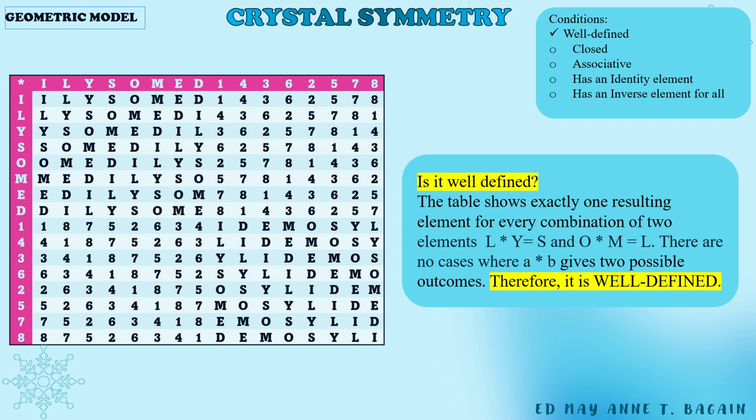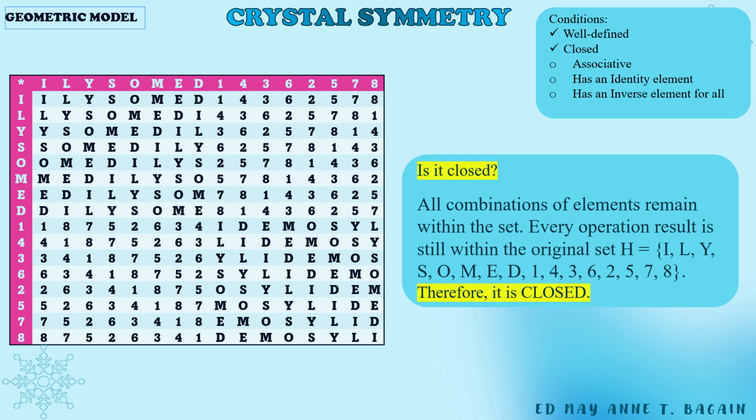Next, we will be checking the question, is it closed? We can say that it is closed if all combinations of elements remain within the set. Every operation result is still within the original set. The set H is equal to the elements I, L, Y, S, O, M, E, D, 1, 4, 3, 6, 2, 5, 7, 8.